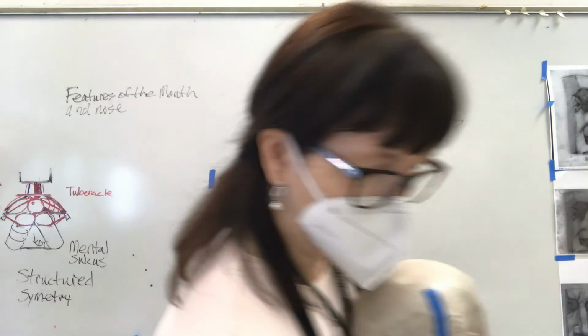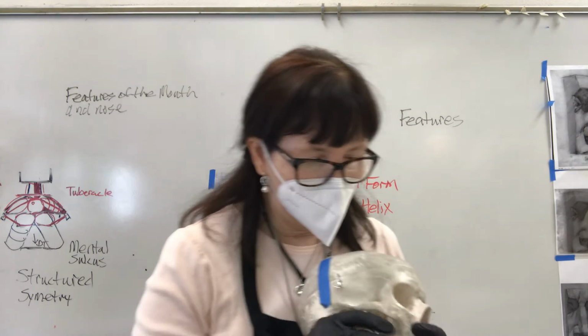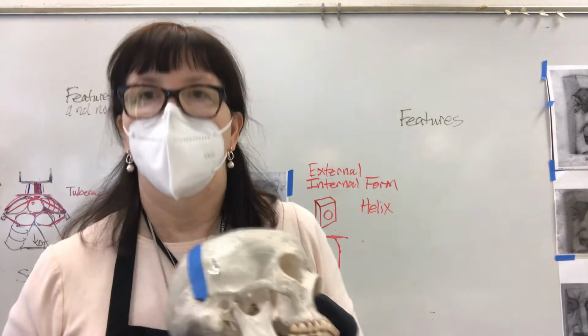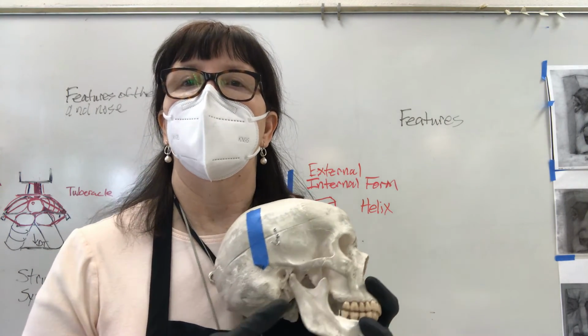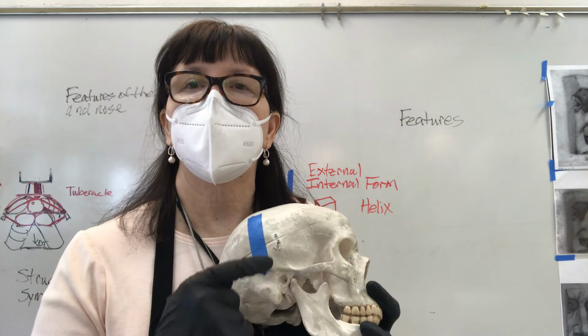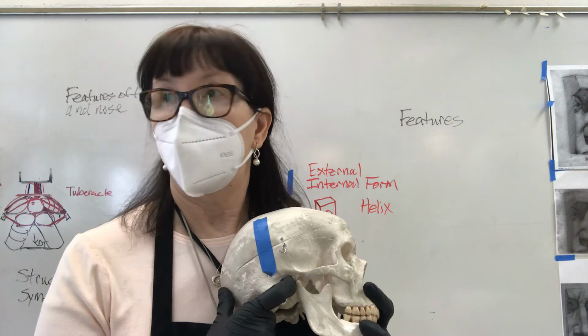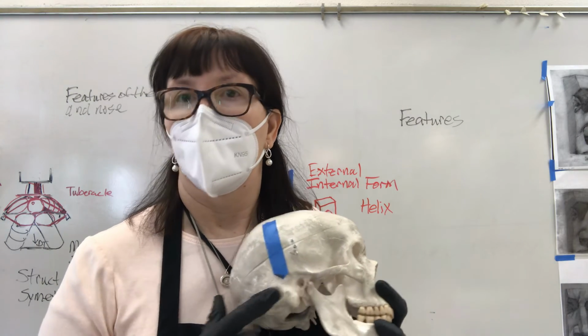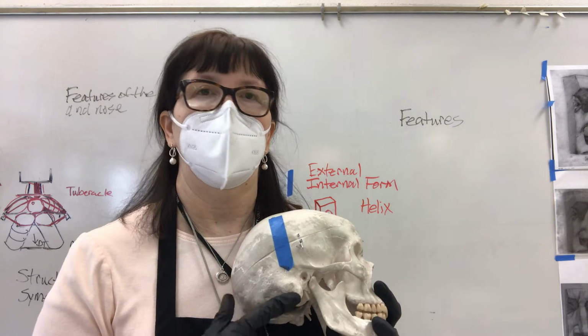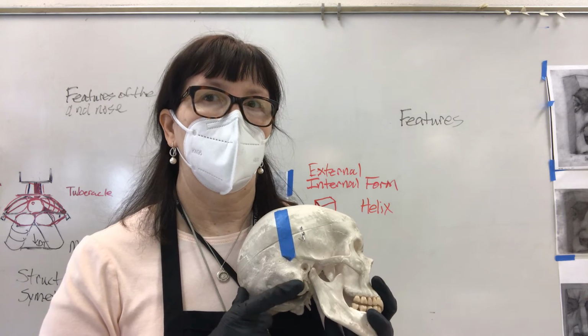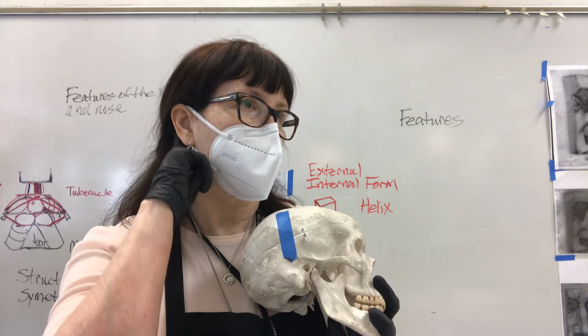Okay, so here's our mandible. Here's the auditory meatus. That's your ear canal. There's the mastoid process, that triangular form back here.